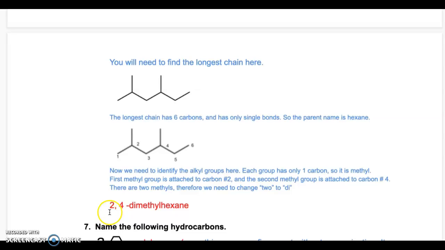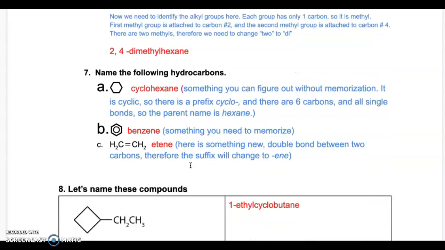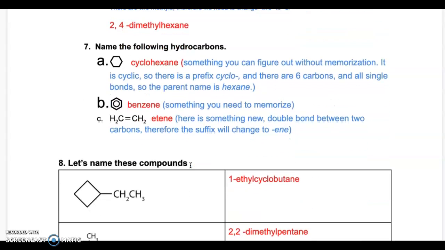So it is located at carbon 2, comma, at carbon 4, and then you write dimethyl and the name of your parent chain, which is hexane. 6 carbons, all single bonds, so it's alkane. So the name of this compound is 2,4-dimethylhexane.